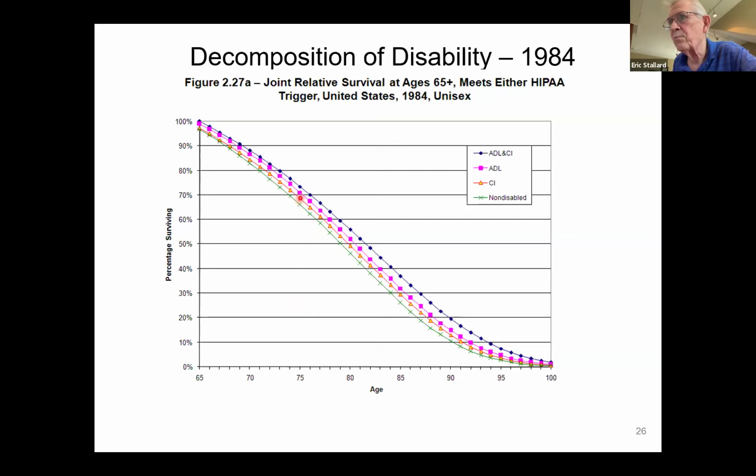If you go up one more mark, you find the increment when you add in cognitive impairment alone. Go up one further and you add in ADL alone, and then one further you get ADL and CI. We know from basic demographic methods that the area under the top curve is life expectancy, and the area under any other curve is years lived with or meeting those criteria.